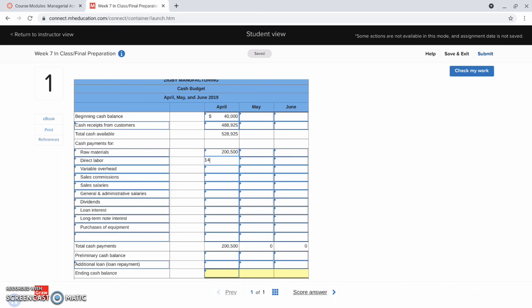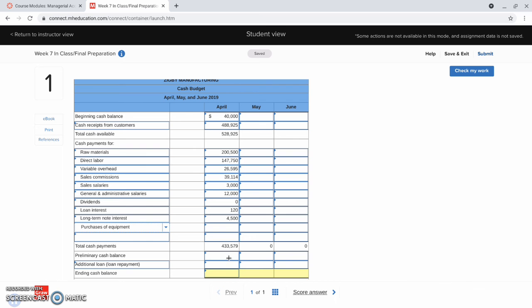Then we have 147,750. 26,595. 3,914. 3,000. Now, if you were doing this in a company, all these things would be tied together. As you did the supplemental ones, it would roll over into this main budget.